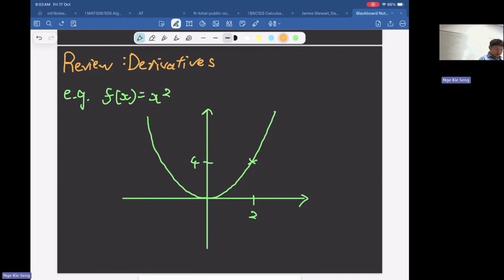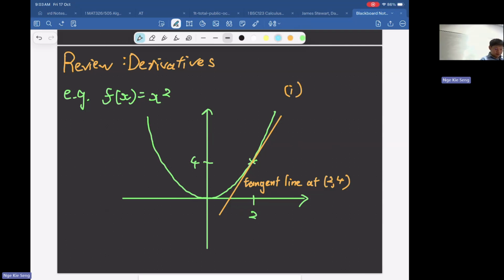So the first way to talk about derivative was the tangent line. It's the gradient of this tangent line here. We can figure out this tangent line at the point (2, 4), right? So how do we realize this tangent line here?